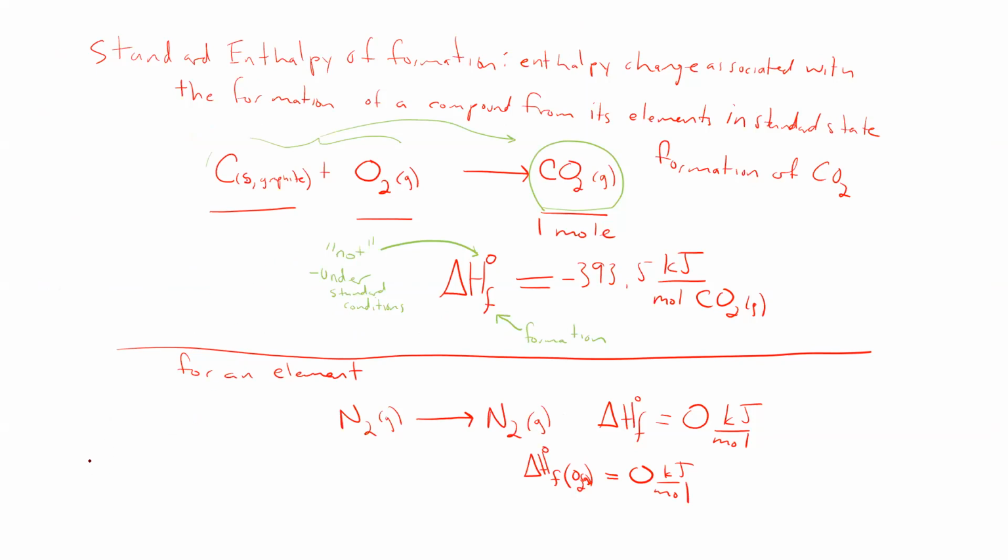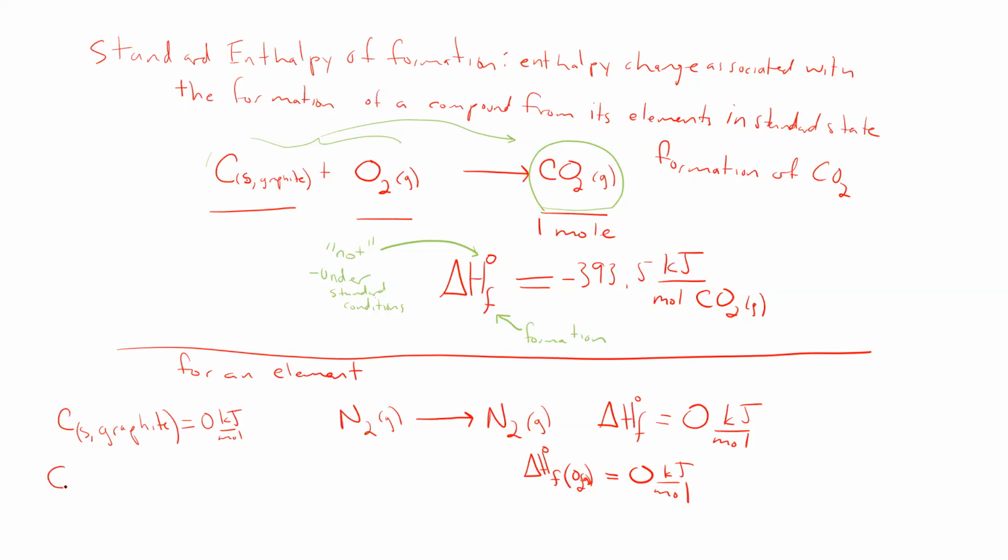And second, if it is, how can we? So it's in its most stable state. For carbon, it's carbon solid, because carbon in its most stable state as an element is a solid, graphite. So for that, it's going to be 0 kilojoules per mole.